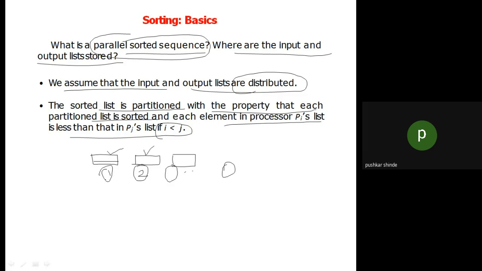The list with processor 1 will be less than the list with processor 2. For Pi less than Pj, that means 1 is less than 2, so the P1 list will be less than the P2 list. Similarly, the P2 list will be less than the P3 list. That way the sorted output will be there on the parallel platform.